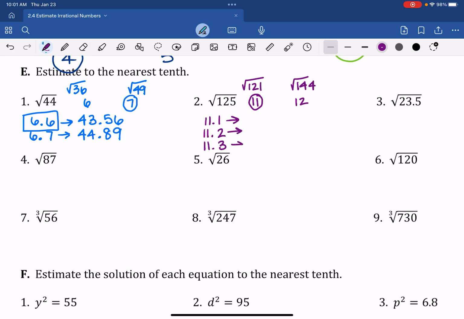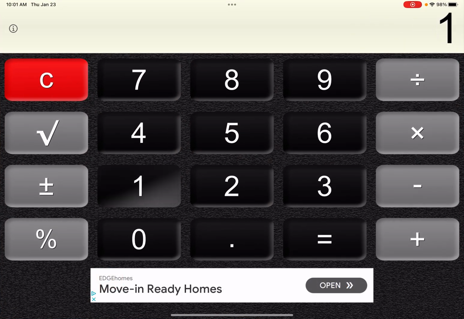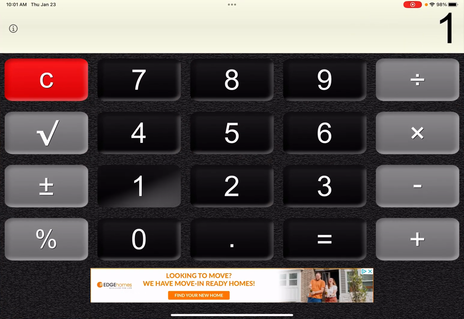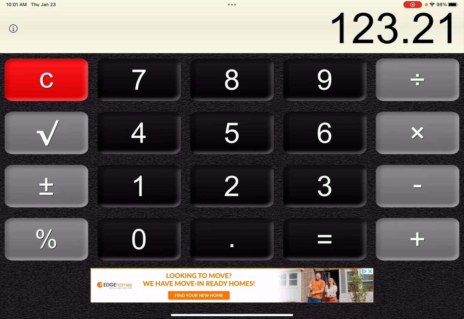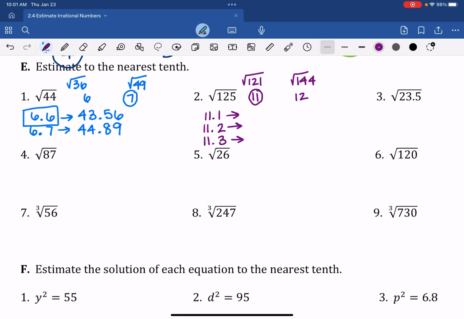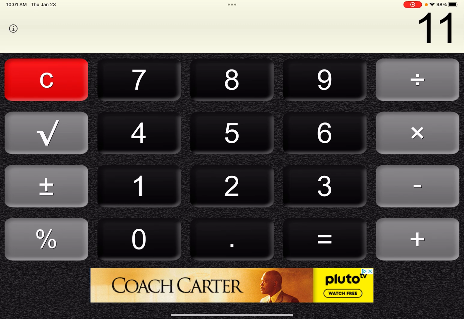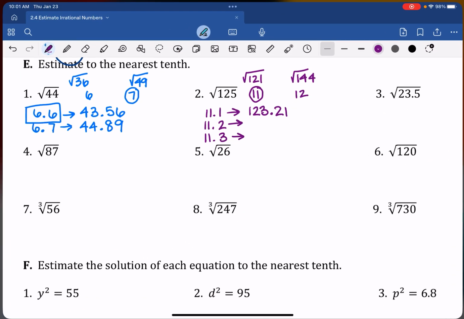So if I pull up my calculator, I'm going to do 11.1 times 11.1, and that's 123.21. Okay, now I'm going to try 11.2. 11.2 times 11.2, 125.44.